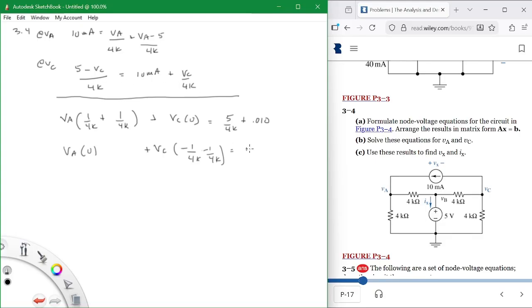So it's equal to 10 milliamps minus 5 over 4K. And that's my VC. And you can find the answer there.